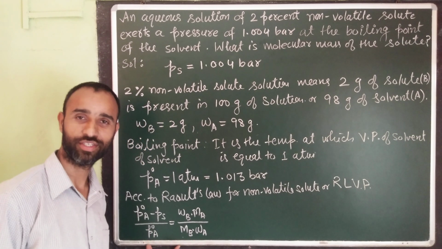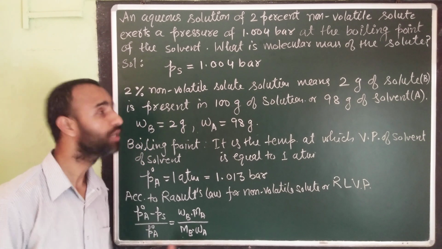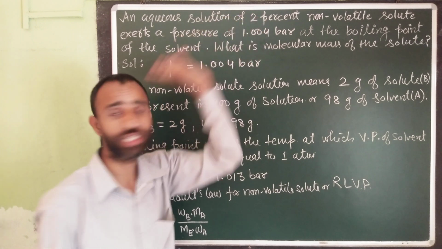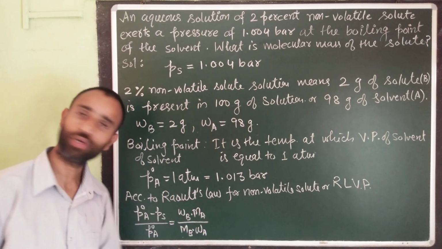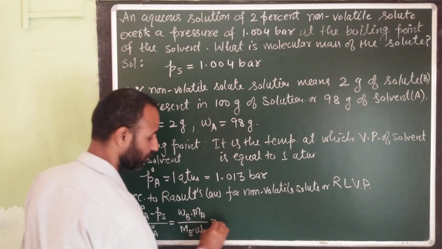This is the formula for dilute solutions, because solution is only 2%. Okay, so we can use this formula. So just put the values.